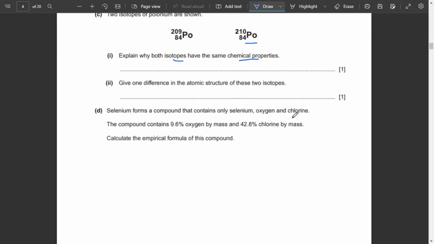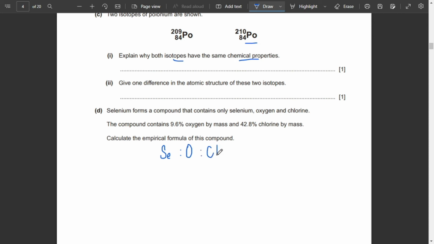We have selenium, oxygen, and chlorine. So if we look at the ratio over here, selenium is Se, and then we have oxygen with us, and then we have chlorine with us, Cl.